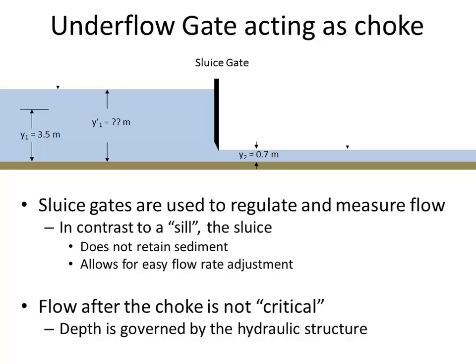And so it's requiring so much energy for it to speed up under that gate. We don't have that much energy available before, back when the depth was 3.5. And so choking will occur. Since E2 is greater than E1, choking will occur.